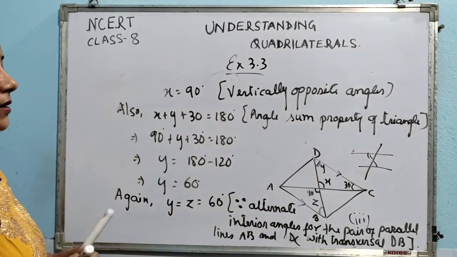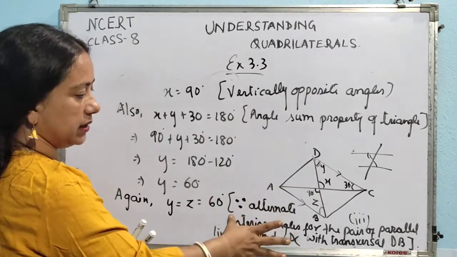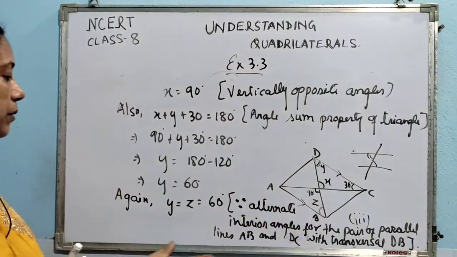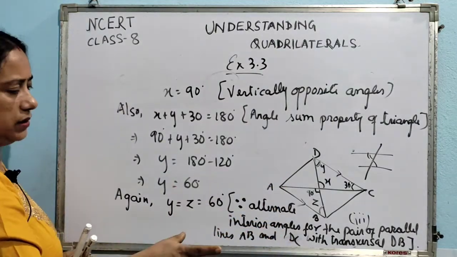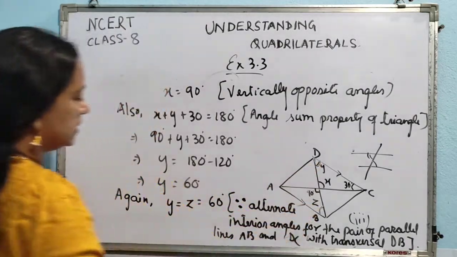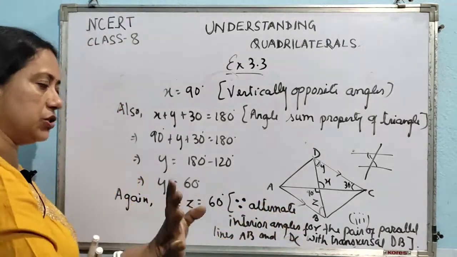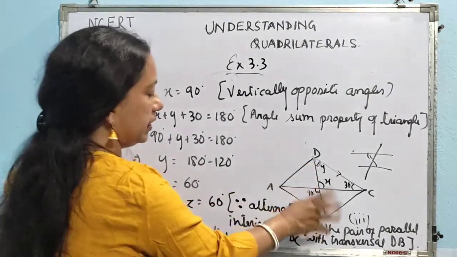See, I have written this one just in order to make you understand the thing, but at the time of examination you need not write so many things, okay. Just this much will be okay, that y is equal to z is equal to 60 since alternate interior angles. This much is okay, since alternate interior angles.